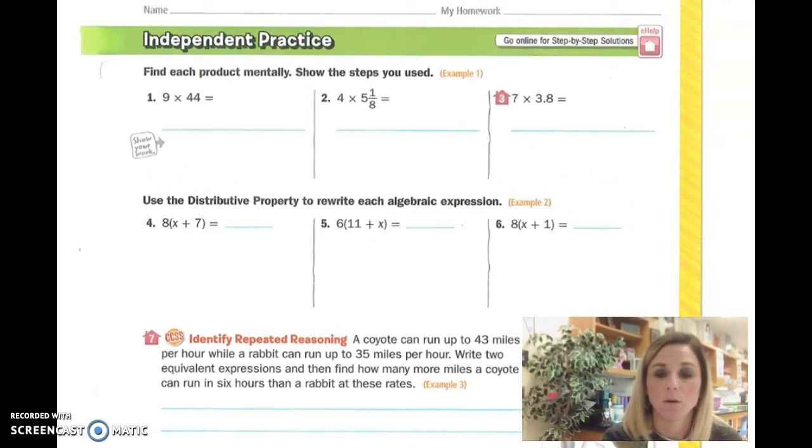Once you have gotten the okay that your answers are correct, then you may move on to your homework. If you do not get this page done, then do not worry about it. Then you'll just do your homework tonight. But you will be working on this. The quicker you get this done and stay on task, the more time you'll actually have to get to your homework, hopefully.